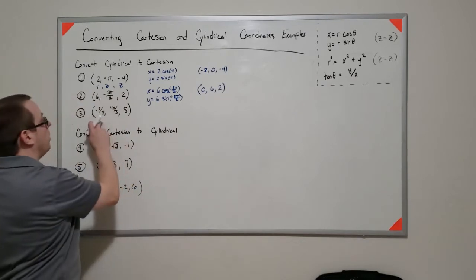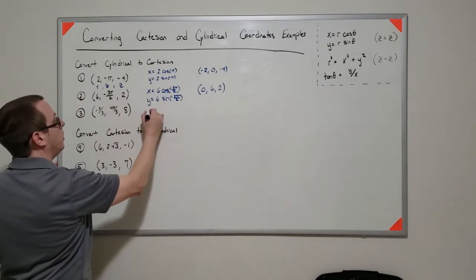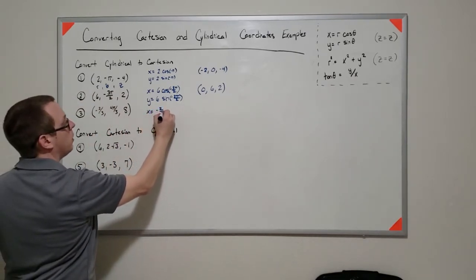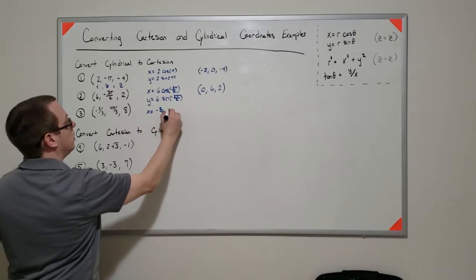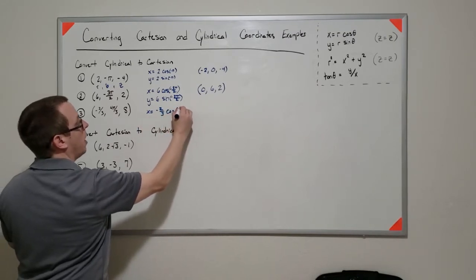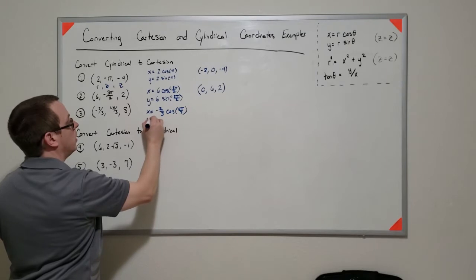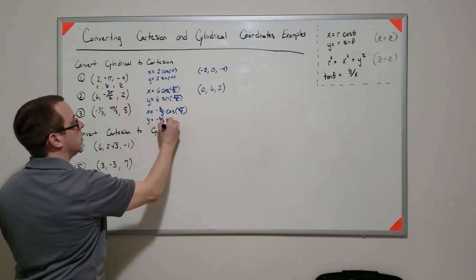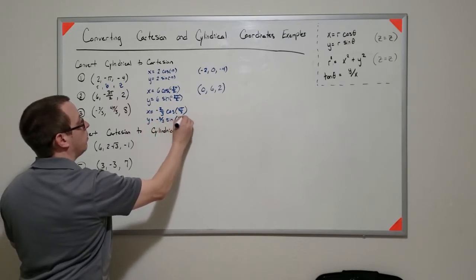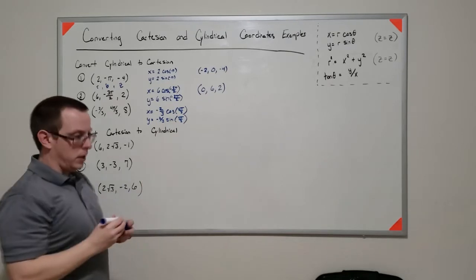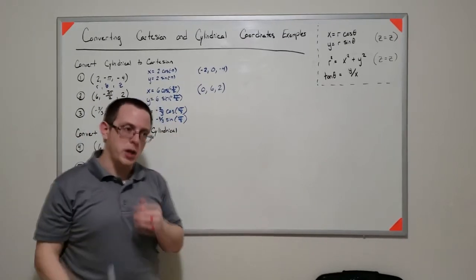So over here we have -2/3 cosine 4 pi over 3, -2/3 sine 4 pi over 3. So in this one, it's a little trickier.